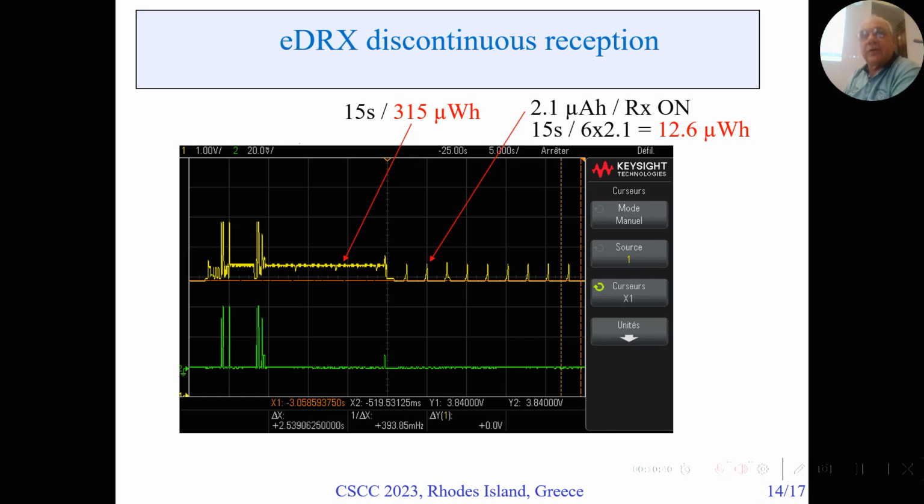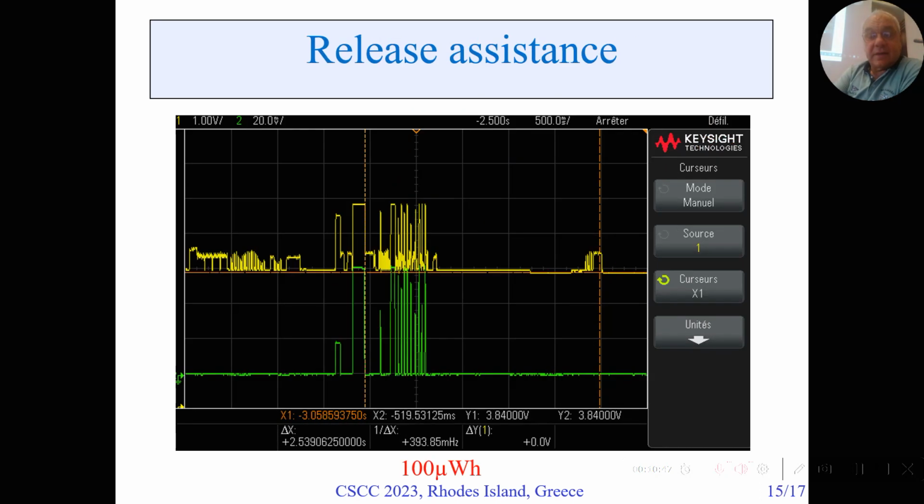So 1/3 less energy. And the last mode, which is the most powerful mode, is the release assistance. In the release assistance, the receiver is switched off continuously. And after some relatively long time, when we are sure that the acknowledgement is ready, the receiver is switched on and waits for an acknowledgement.